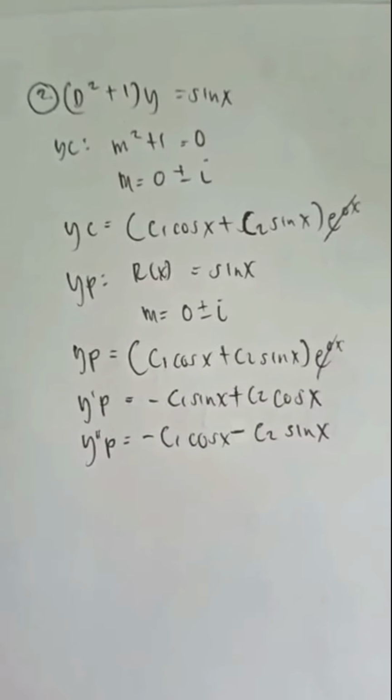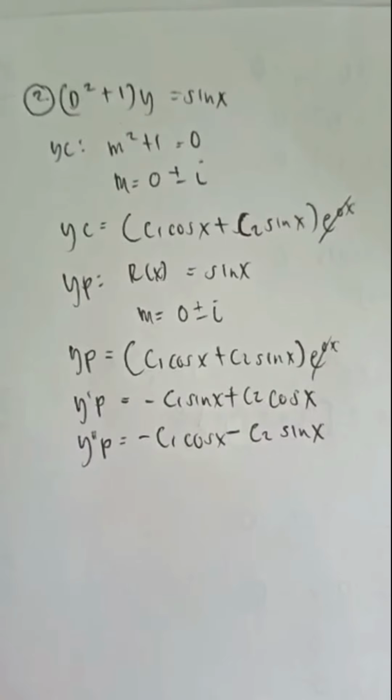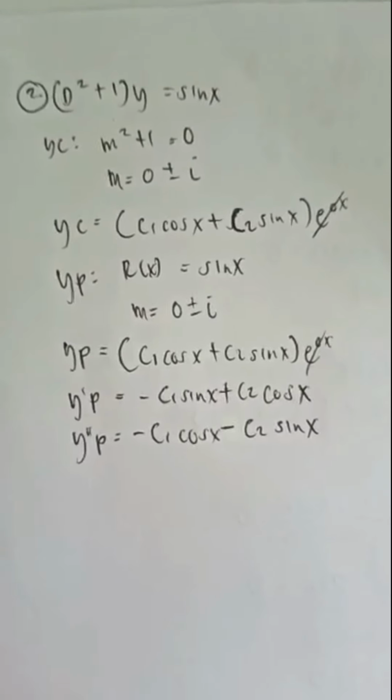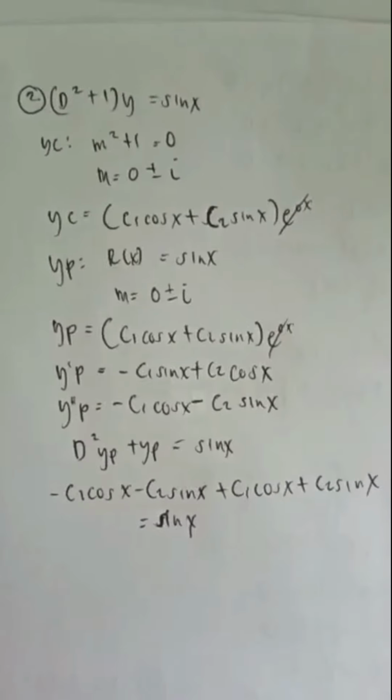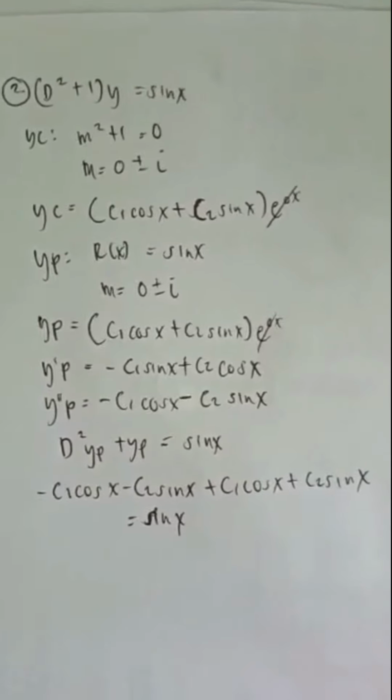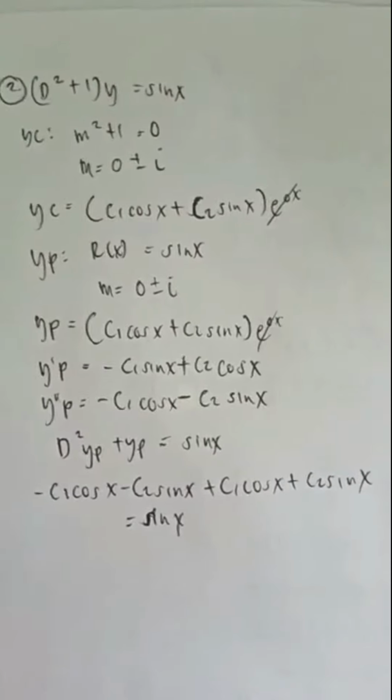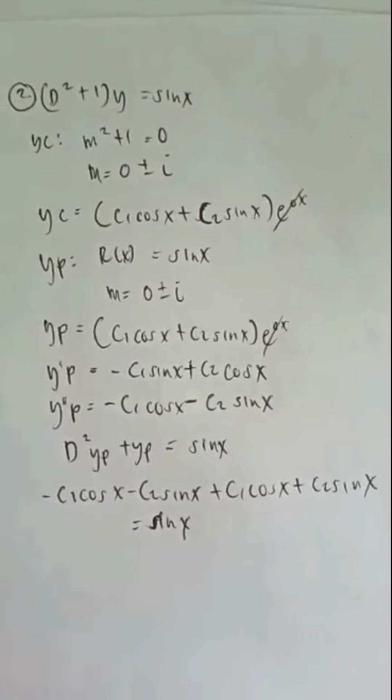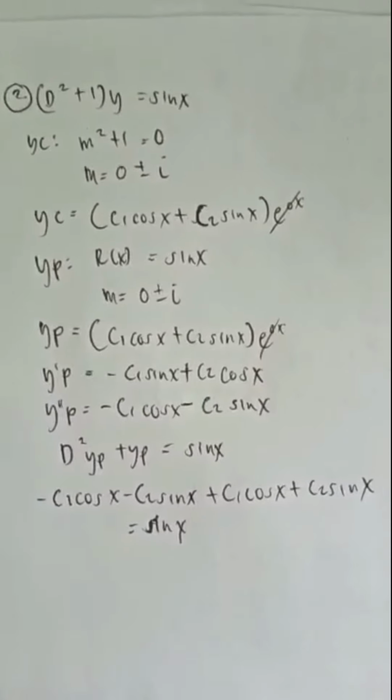Mula sa original na given, isa-substitute natin yung y. In this case, yp. So, magiging d squared yp plus yp is equal to sine x. Isa-substitute natin yung second derivative at yung yp.